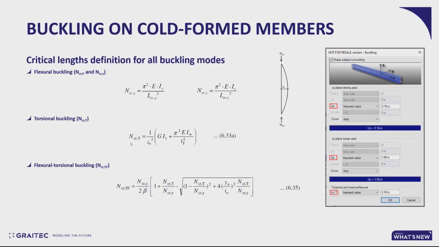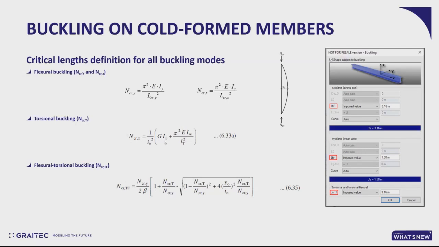And then you've got the flexural torsional buckling. These two effects are usually governing for cold form members, because you are dealing with open sections with very low torsional resistance and a significant offset between the shear center and the centroid of the section. And here you see in the torsional buckling critical force, we've got all that.